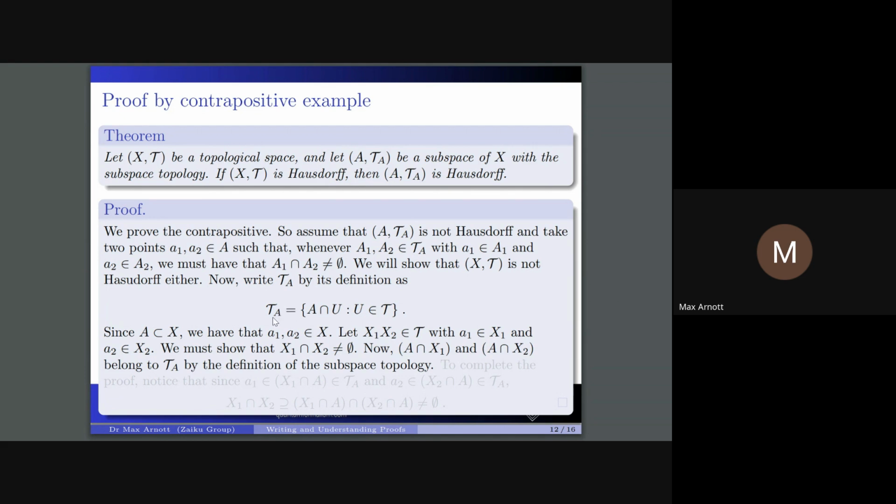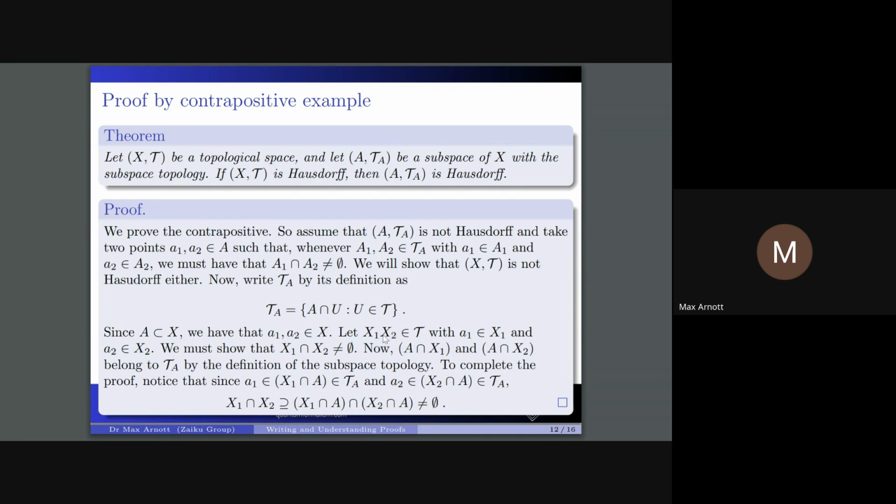This is just the definition we've written down here, the definition of the subspace topology. We notice that a1 belongs to X1 intersect A because it's in both the set X1 and the set A. And similarly, a2 belongs to X2 and A. And these both belong to the topology of A by the definition of the subspace topology.